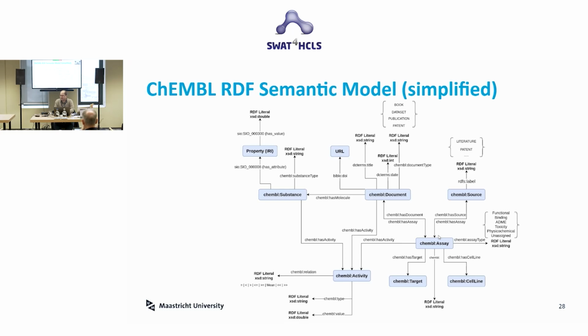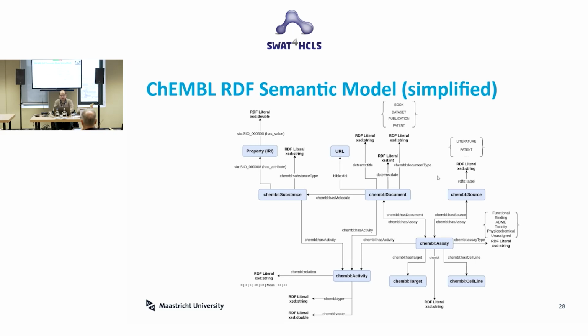So they label all the assays with a source from a specific set of values. While here the document is only a book, a dataset, publication, or patent. But by adding this link, they can tell all these assays are coming from this pharma company, even if it's coming from a book or a dataset or publication related to that pharma company, right?